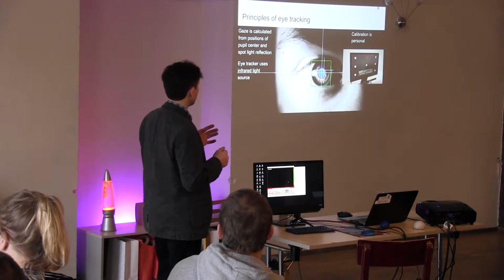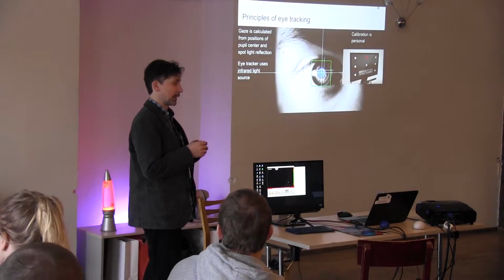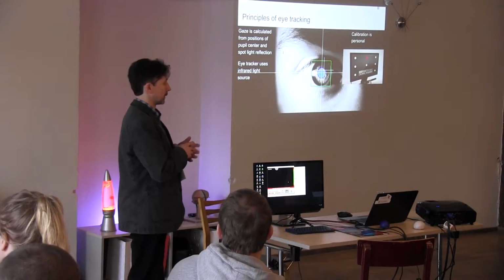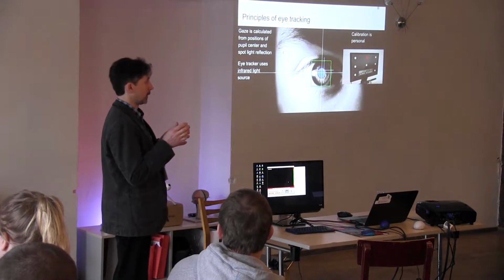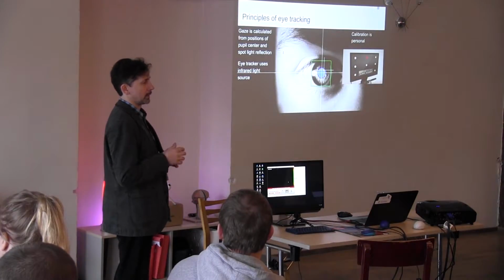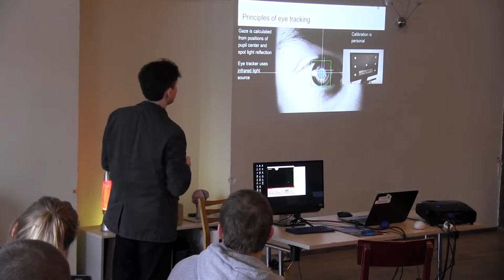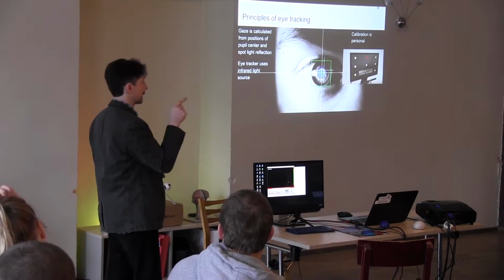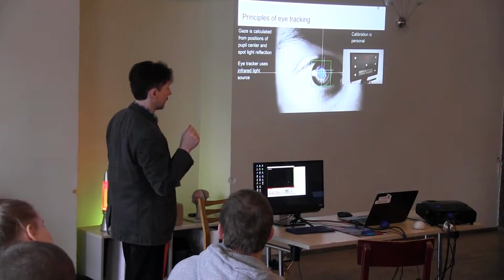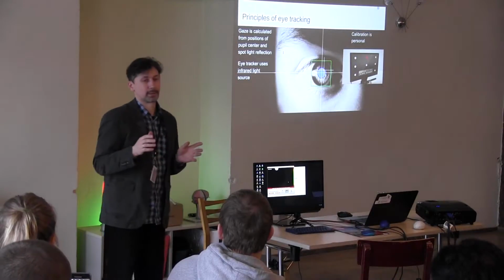First of all, the eye tracker needs to be calibrated. You probably did the calibration with your device as well, and it had probably 1 point or 3 points or 4 or more. 3 points. Yeah. This eye tracker has 9 points shown on the small image on the right side, and it calibrates with the participant. This calibration is personal.